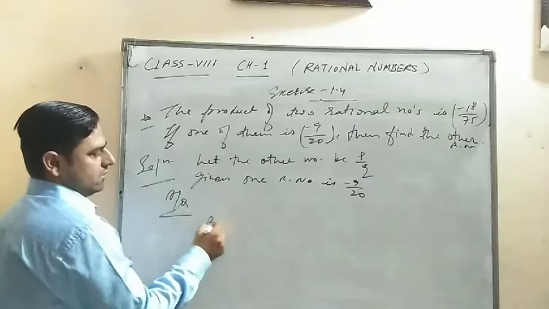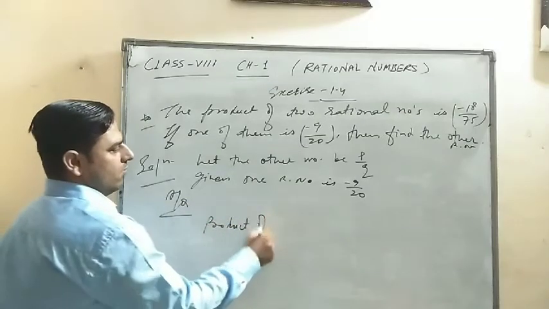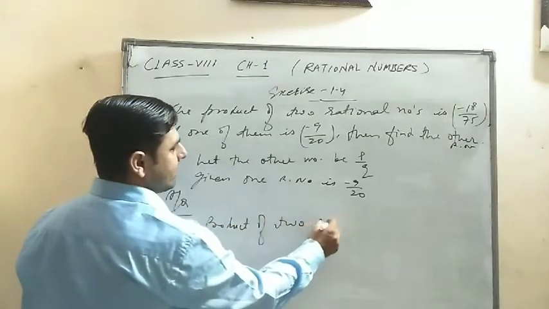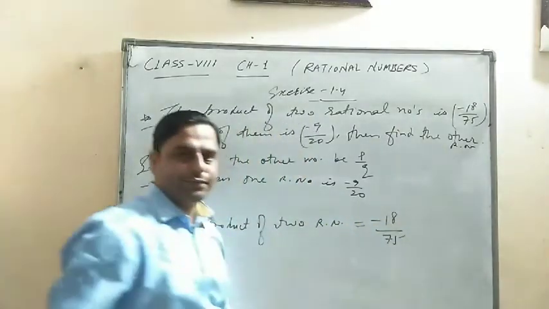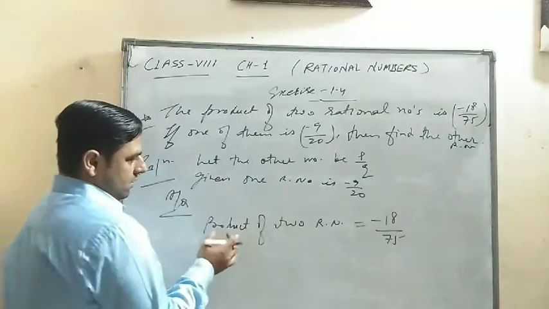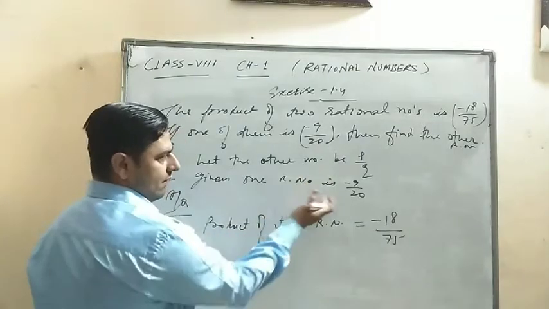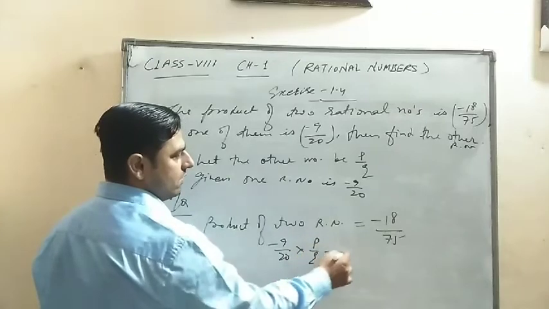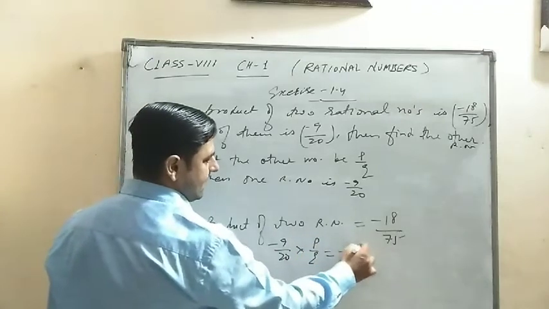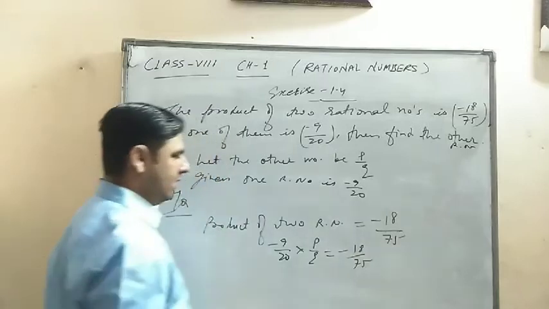According to the question, the product of two rational numbers is minus 18 upon 75. So the product of two rational numbers, the first one is minus 9 by 20, the second is P by Q, and it is equal to minus 18 by 75.